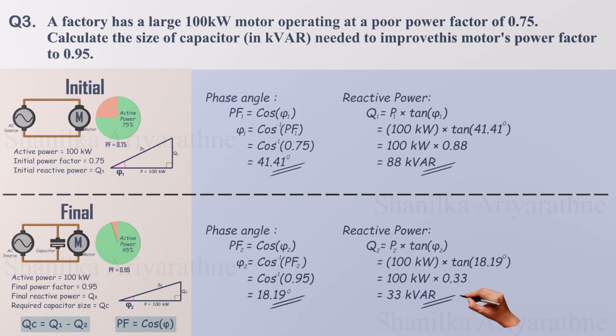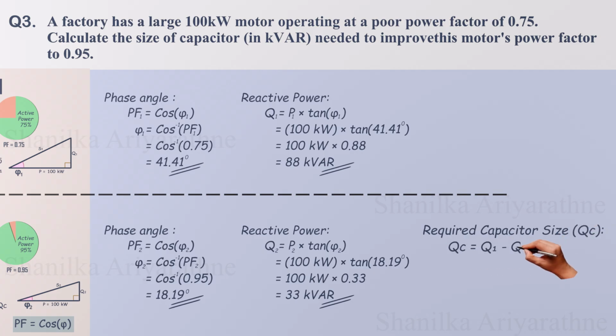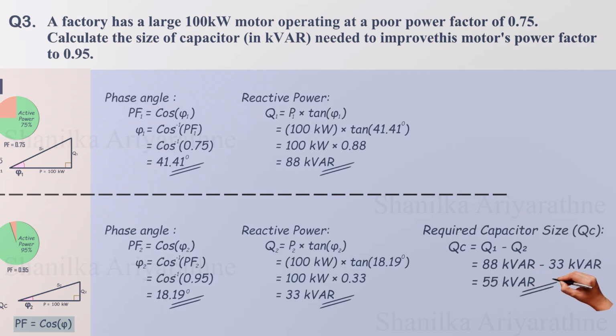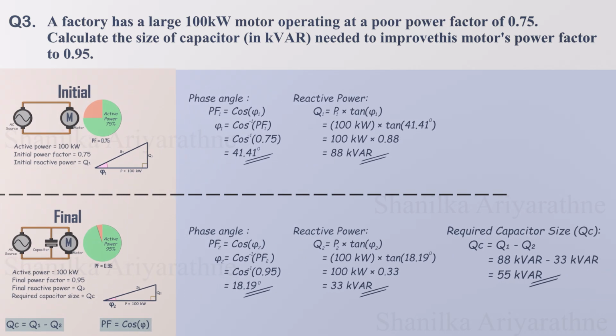This is the reactive power that should remain after correction. Now the final step, we can calculate the capacitor size. Q1 is 88 kVAR and Q2 is 33 kVAR, so the QC is 55 kVAR. We need a capacitor bank rated at 55.3 kilovolt amperes reactive.